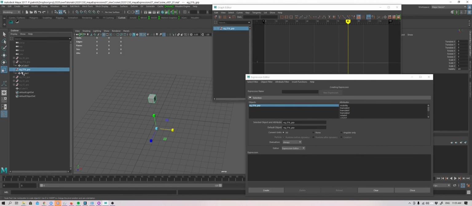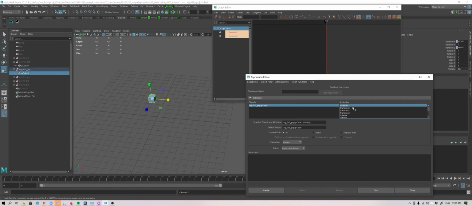Okay, that's another version. If I go to translate x and y and z, you'll see I'm doing the exact same thing here. And as a bonus, while it's doing this, I put another expression on translate y, so ty equals frame. We'll see what happens.